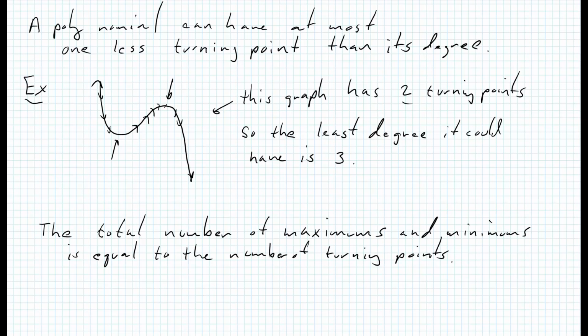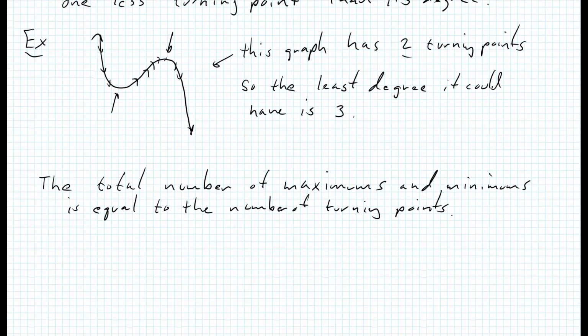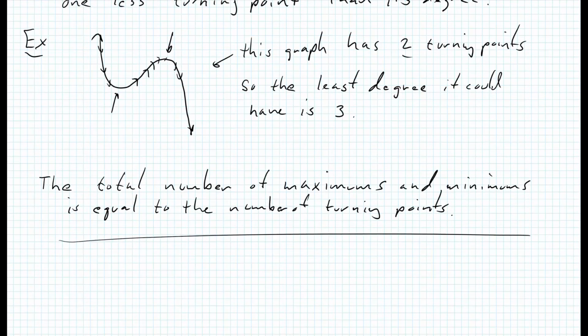So when you go from going up to going down, you get a maximum. When you go from going down to going up, you get a minimum. And since it can have a limited number of turning points for a given polynomial, you can just count those, and that also gives you some sense of the possible degree of the polynomial.